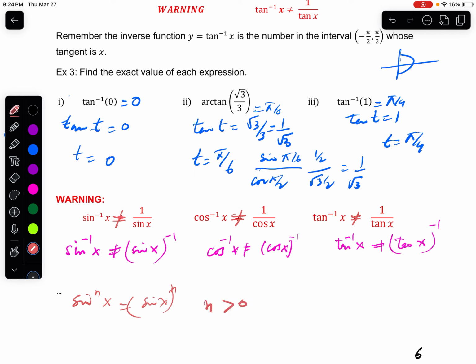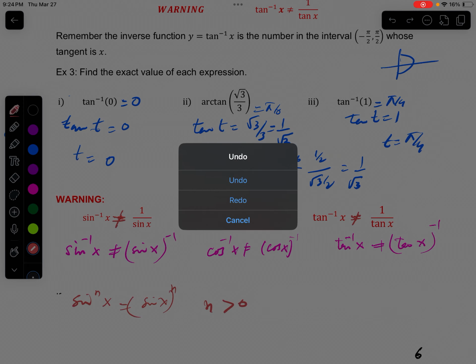Here, if you think of it, n is negative 1, so you cannot write it this way.